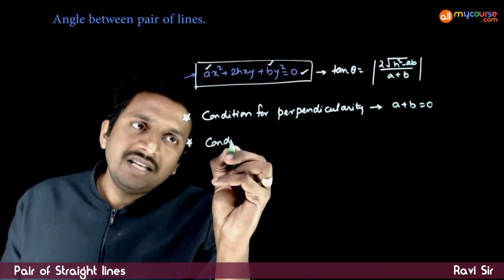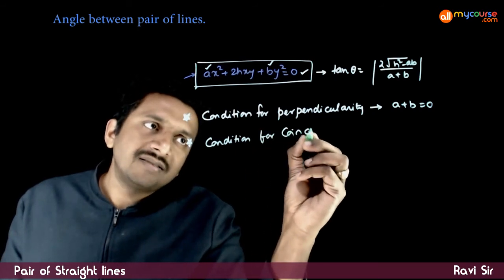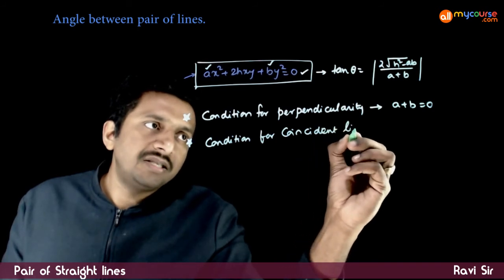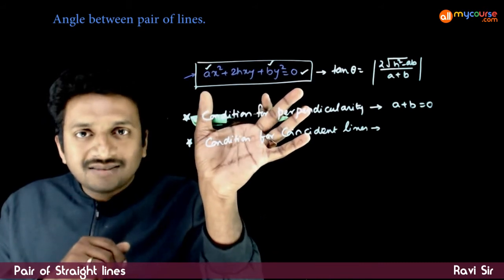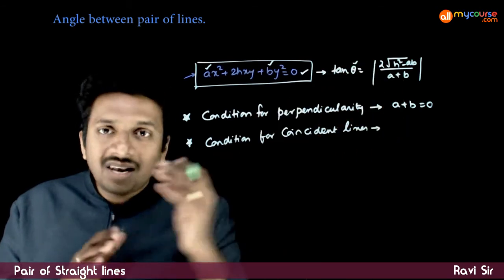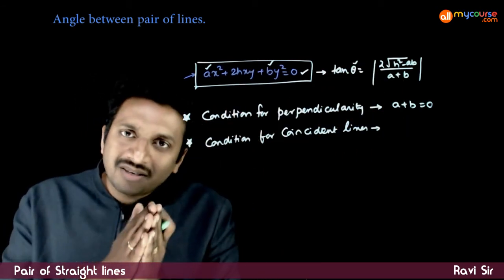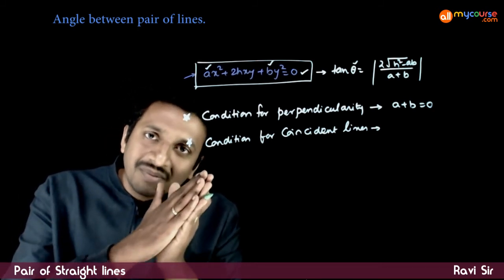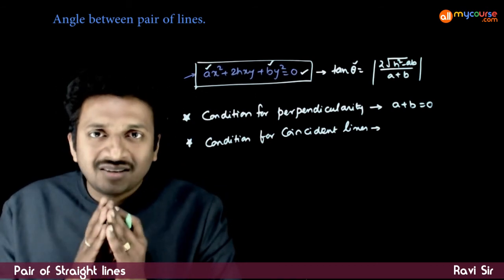And condition for coincident lines. We know that both the lines pass through the origin, and if the angle between both lines becomes equal to 0 degrees, then obviously both the lines will be coincident lines, right?